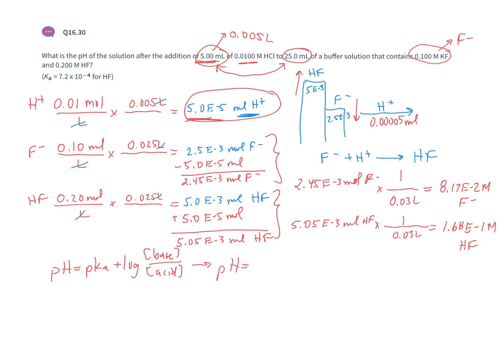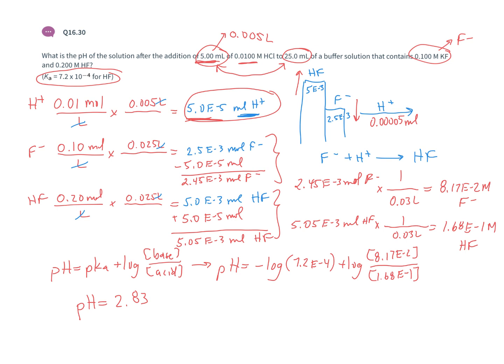The pH of this solution equals the pKa, which is the negative log of my Ka, so the negative log of 7.2 e to the negative 4, plus the log of the concentration of my base, 8.12 e to the negative 2, over the concentration of my acid, 1.68 e to the negative 1. All right, I'm going to get a pH of approximately 2.83.